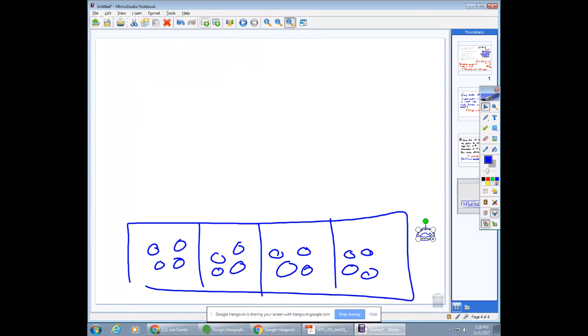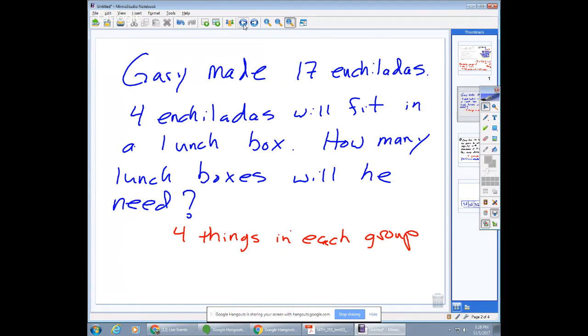The other model, I call this the "groups in" model. I'm going to put quotes around groups in, because it asks the question, how many groups of 4 are in 17?